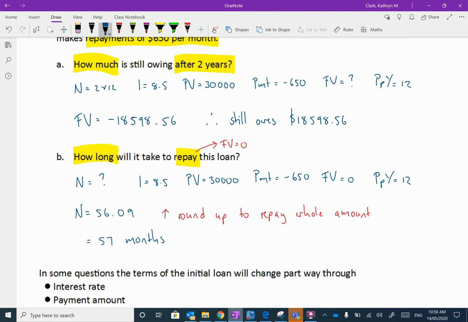Alright, so that is 9C, using your finance solver, and we're going to be using this, like I said, for the remainder of this chapter to solve any particular question that has a payment, which is why the very first question on this little solving thing is there a regular repayment? Because that's what's going to tell us whether or not it's a chapter 8 or a chapter 9 question.